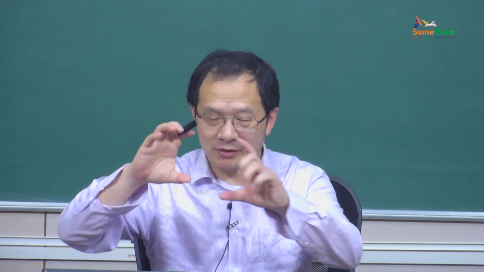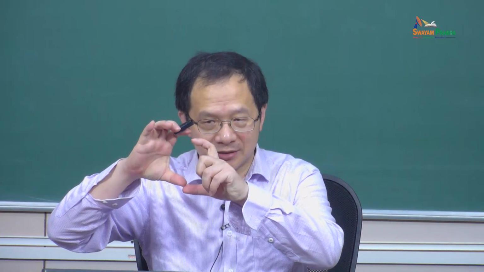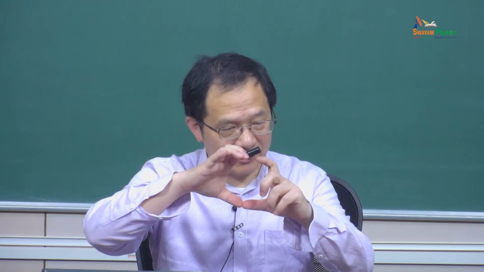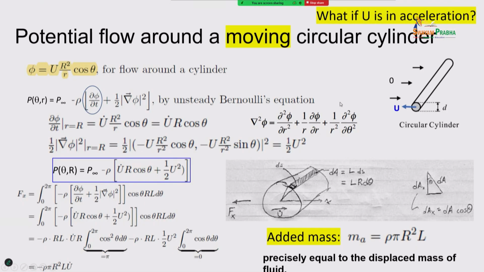If you have acceleration, then it looks like you have such a volume of mass undergoing acceleration motion. So this is the concept of added mass. And this is an important concept, right? You put a buoy in the water and the buoy will move. The water surrounding that buoy has acceleration and deceleration, and there will be a mass effect.